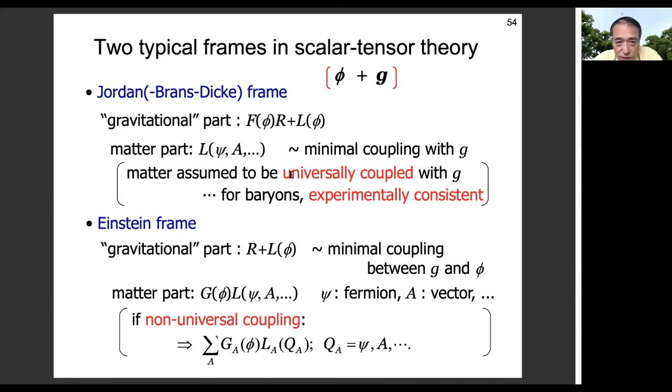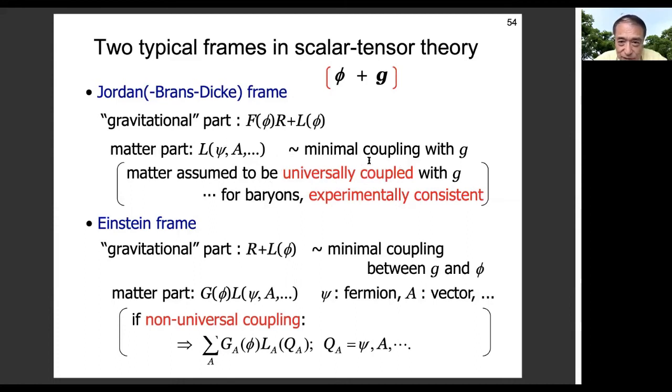The very strong assumption, which we think is usually correct, is that the coupling of all the matter fields is universal with the metric. If they are not universal, then things get really messy, and you have to deal with that carefully.